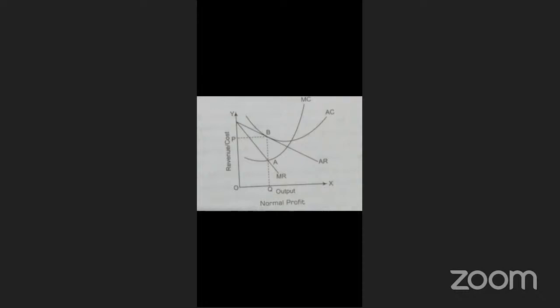So the production of the firm is OQ and the price is OP in the diagram. This is about the condition of normal profit. Next one, condition of abnormal loss. Here is one diagram.